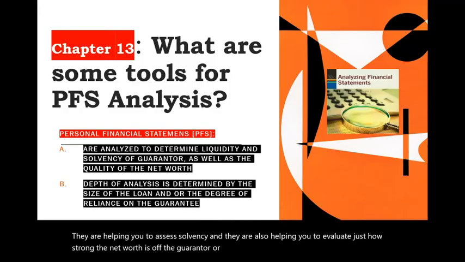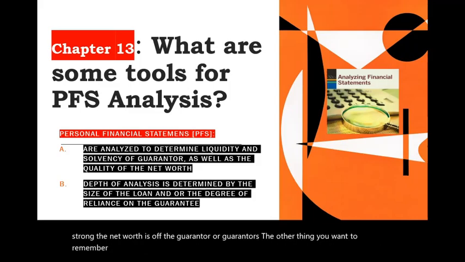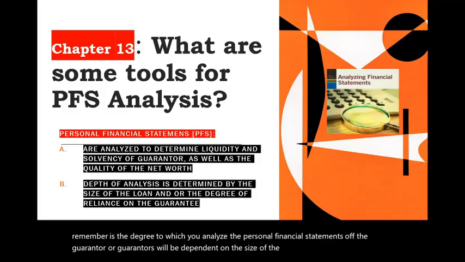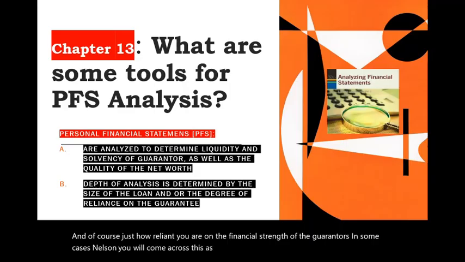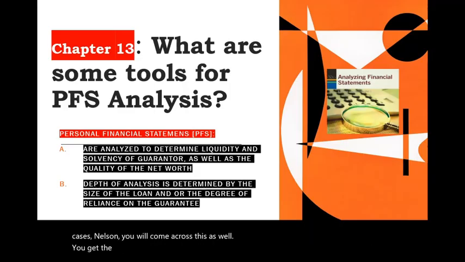The other thing you want to remember is that the degree to which you analyze the personal financial statements of the guarantor or guarantors will depend on, A, the size of the loan, and of course, just how reliant you are on the financial strength of the guarantors. In some cases, Nelson, you will come across this as well: you get the guarantor to sign off because that's your policy.